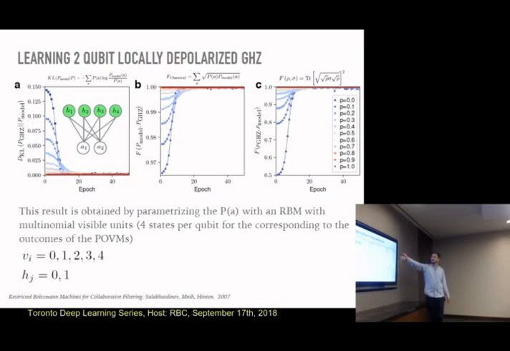And the KL divergence between the model that we defined, that we're training, and the actual distribution P, out of which our samples come from, okay? And then it goes to 0 as we train, okay? And this is for an RBM with only 2 visible variables, A1 and A2, and then the hidden variables are H. And so we see that it goes to 0, and then the fidelities go to 1.